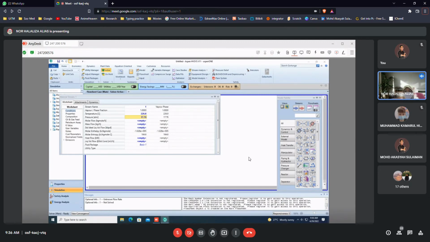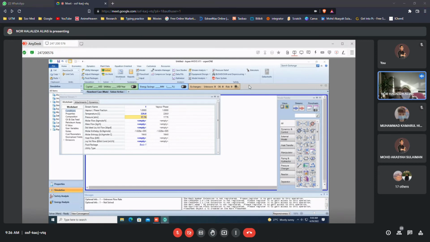So now, what is the question? They ask you to record the phase, mass density, molar volume. Where to find them? Let us look at the phase first. So the phase is vapor. Then what else does it ask? Mass density, molar volume, molar enthalpy.